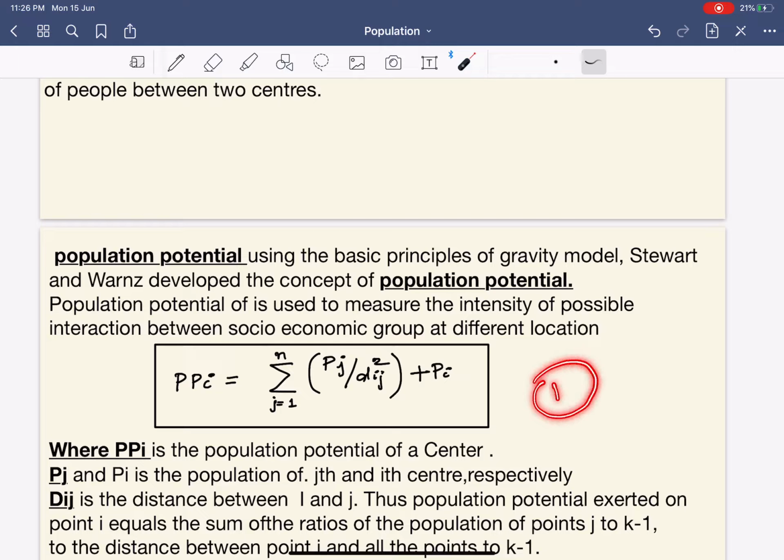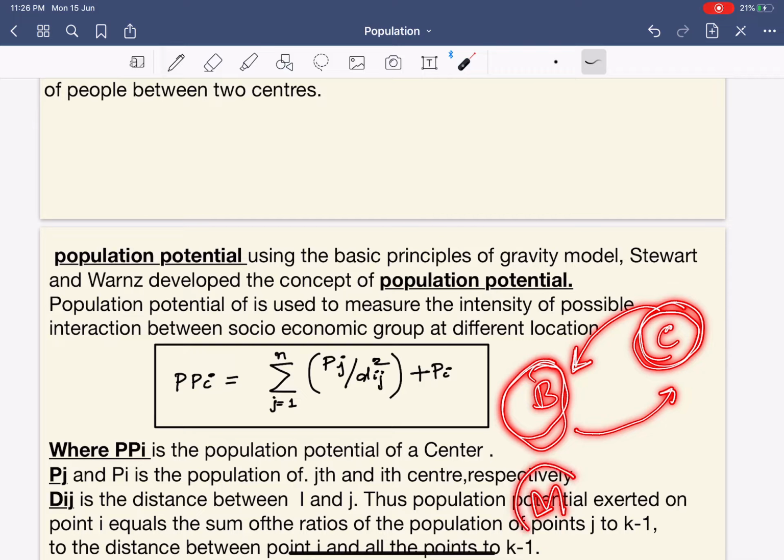Let us say this is center Pi and this is center Pj. Or we can simply say, let us consider this is Bhubaneswar and this is Cuttack. Now basically the interaction between people of Bhubaneswar and Cuttack would be more when compared to the people who are located at Malkangiri. Why? Because the distance is quite near. Bhubaneswar and Cuttack are hardly separated by 25 kilometer distance.